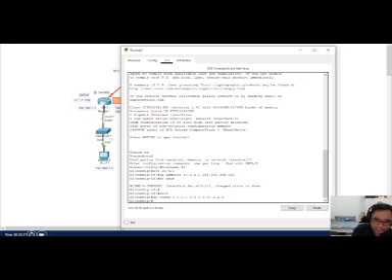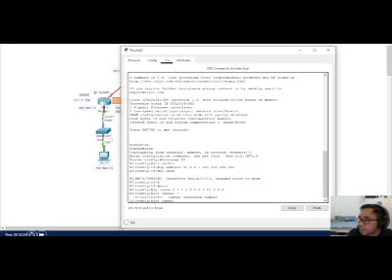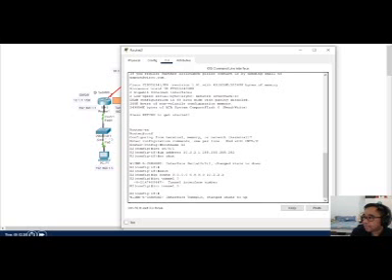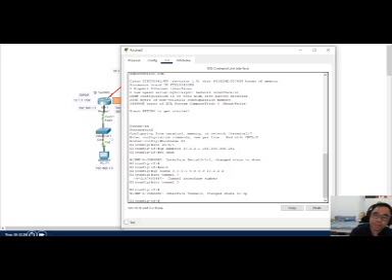Now let's set up the tunnel. Let's check first. Interface number 0, we can use 0. Now let's put the IP address of the tunnel.